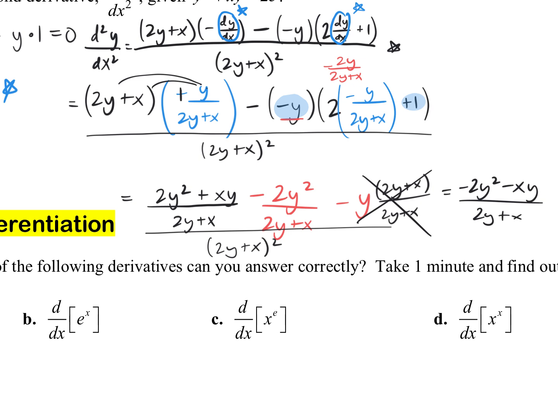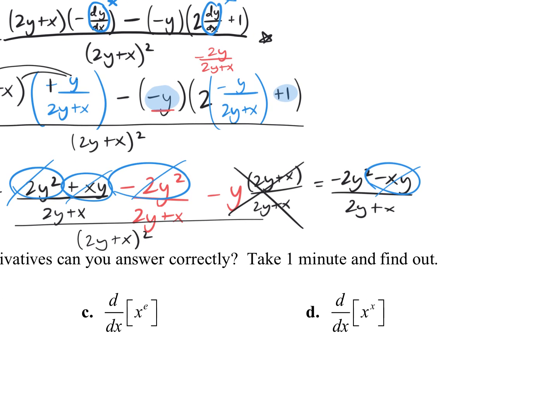So what can I get rid of? This 2y squared, this negative 2y squared, I can get rid of, this xy and this negative xy, right? All of these things cancel out. And I am left with just negative 2y squared divided by 2y plus x. And that's all being divided by 2y plus x squared.